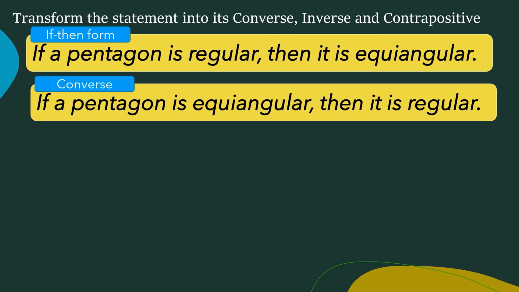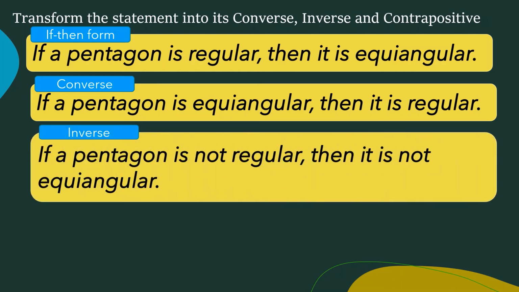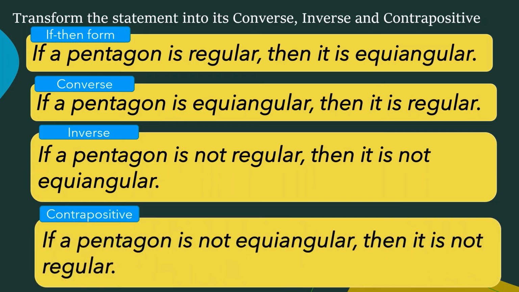How about its inverse? Correct. The inverse is, if a pentagon is not regular, then it is not equiangular. And for the contrapositive, the answer is, if a pentagon is not equiangular, then it is not regular. Great job, grade 8.